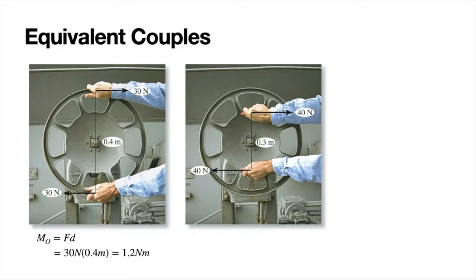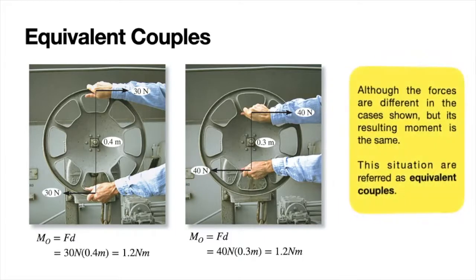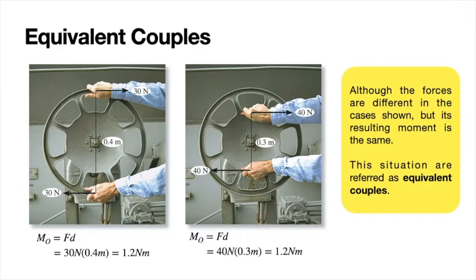So you will get a corresponding value of 1.2 Newton meter. On the other hand, the picture on the right shows that the couple force is 10 Newton higher, which is 40 Newton, but the distance between the couple force is shorter, which is 0.3 meter. But if you calculate the couple moment, you will also get the same magnitude of 1.2 Newton meter. So these two cases are known as equivalent couple.